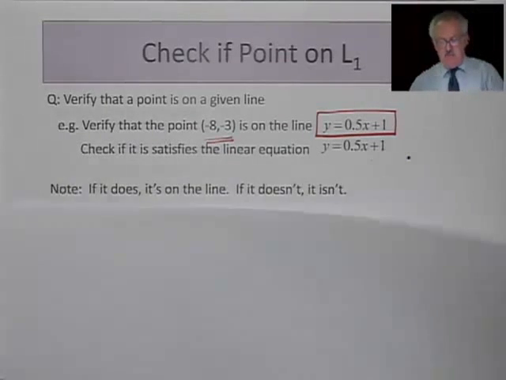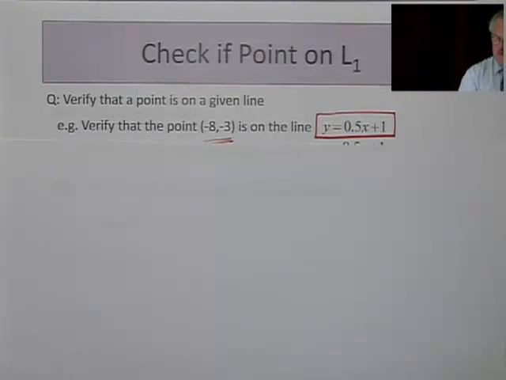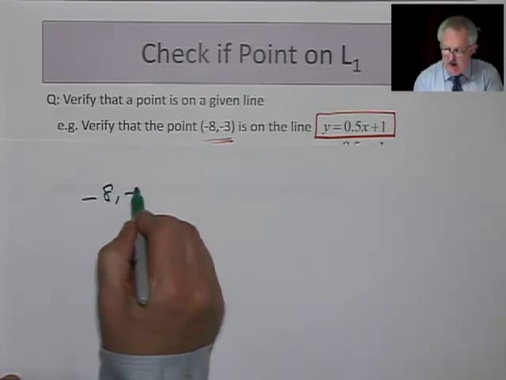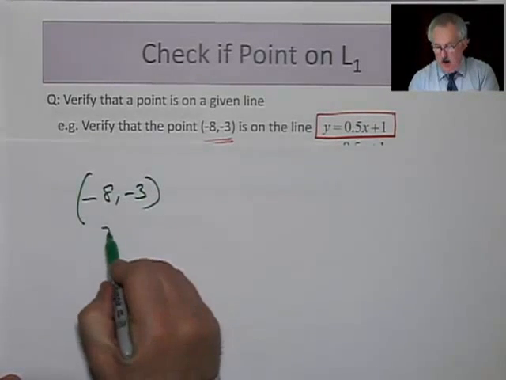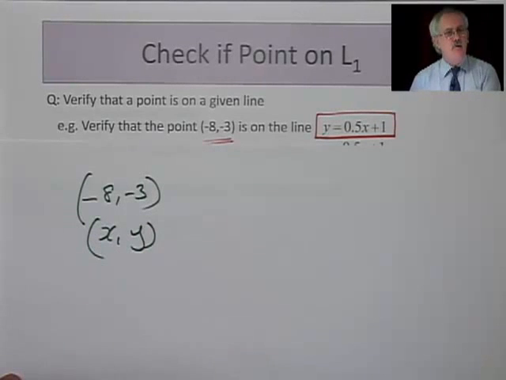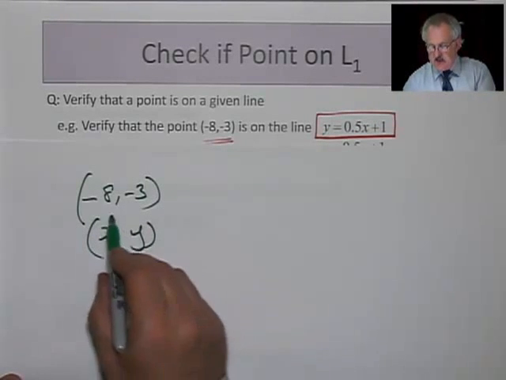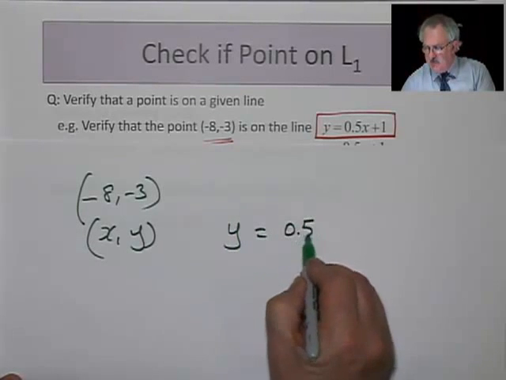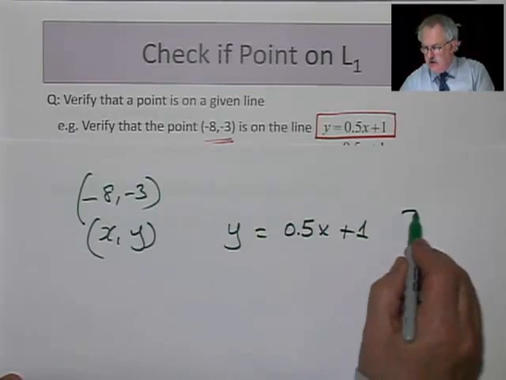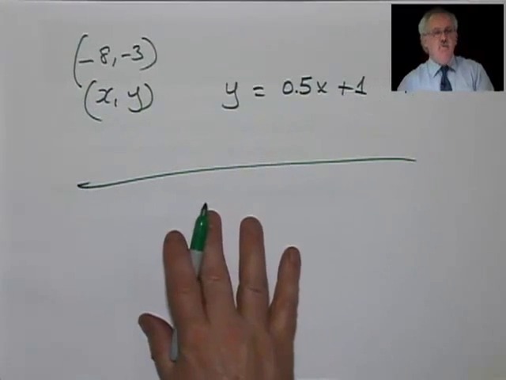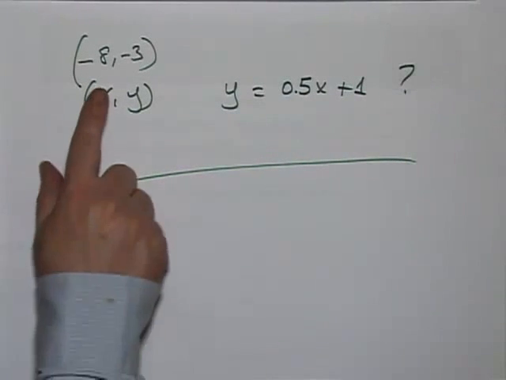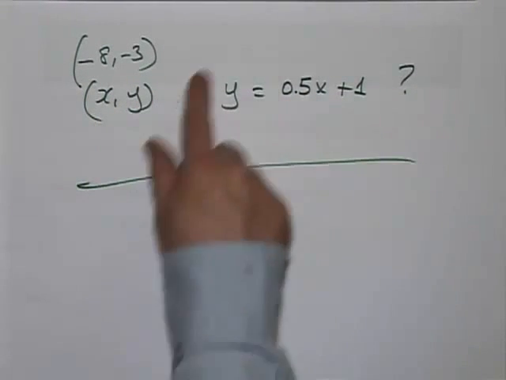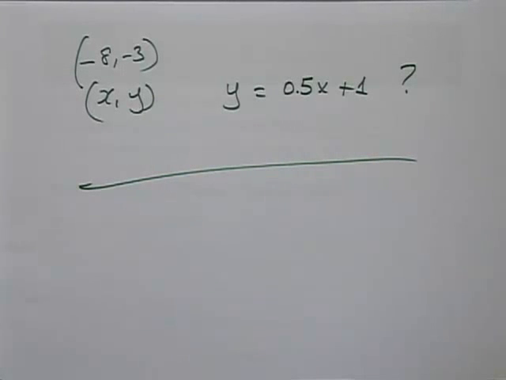You have to remember that every single point, minus 8, minus 3, is always x, y. And the question is, does that pattern satisfy y is equal to 0.5x plus 1? So give that a try. Do the numbers minus 8, minus 3 satisfy that equation?